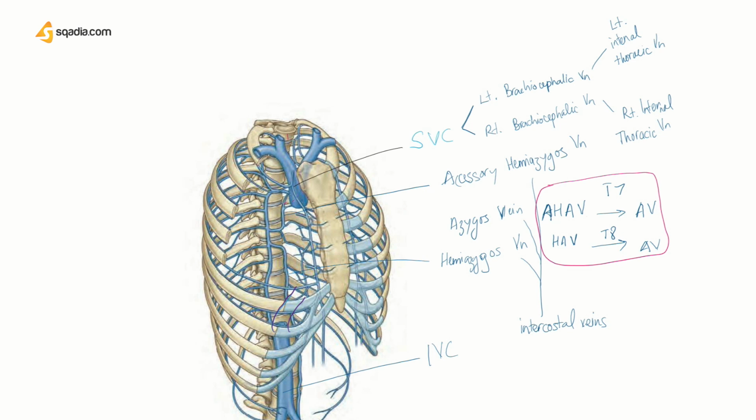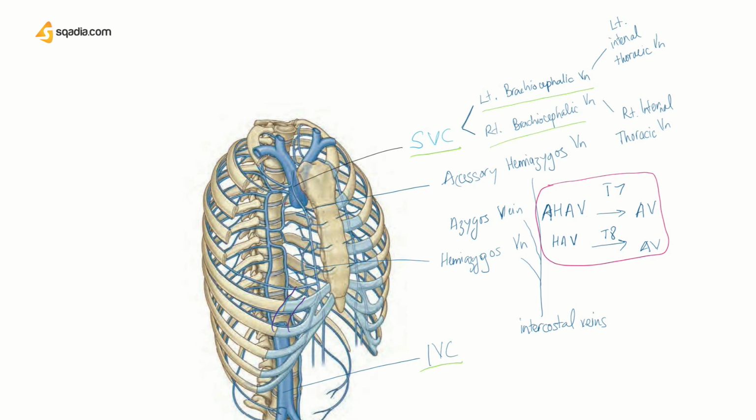So to summarize, what we learned here is that we have the superior vena cava and we have the inferior vena cava. Both of these drain into the right atrium of the heart. Now the superior vena cava divides into the left brachiocephalic vein right over here, and the right brachiocephalic vein right over here.